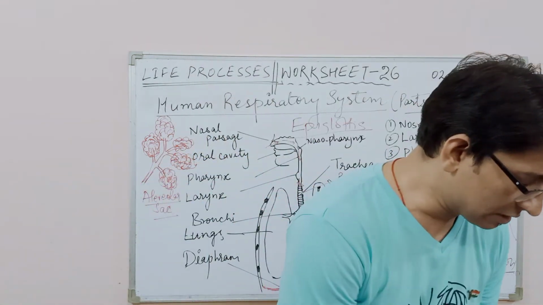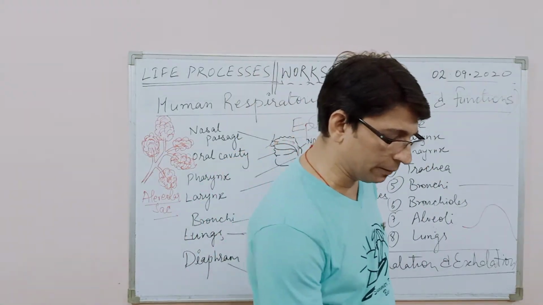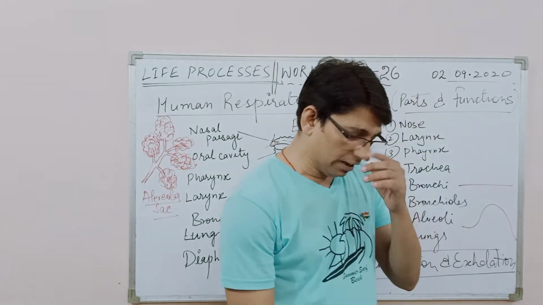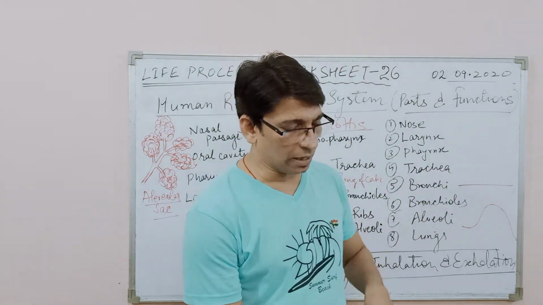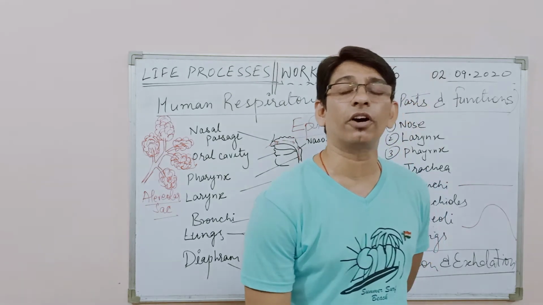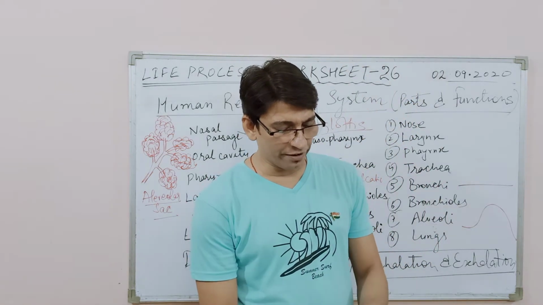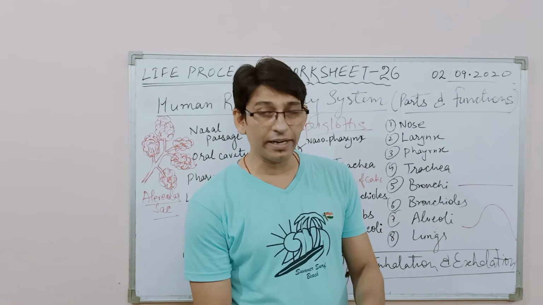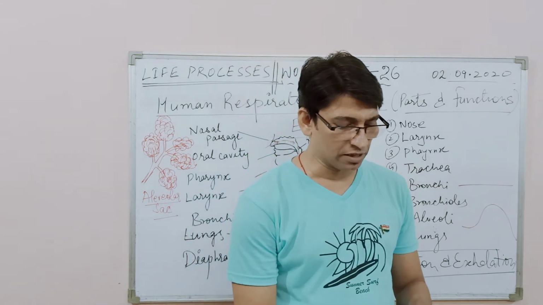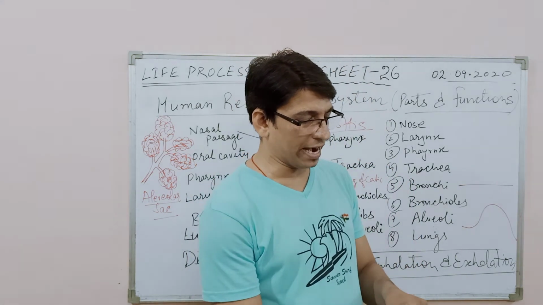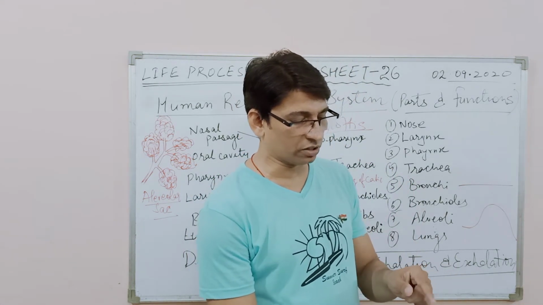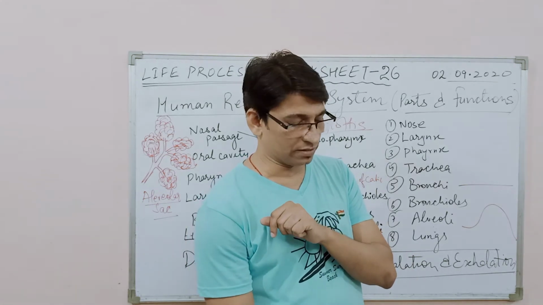Now let us see your worksheet. When you go through the worksheet, first they have explained the different respiratory parts and the function of the respiratory structures, and then there are the inhalation and exhalation differences. We have seen the thoracic cavity expands in inhalation, and in exhalation the thoracic cavity contracts.